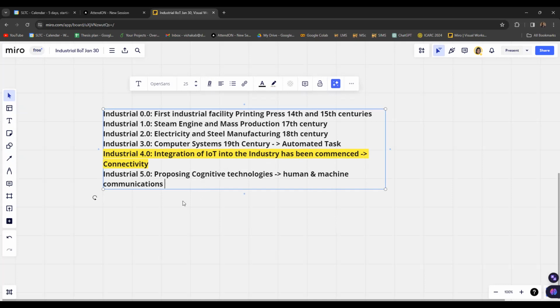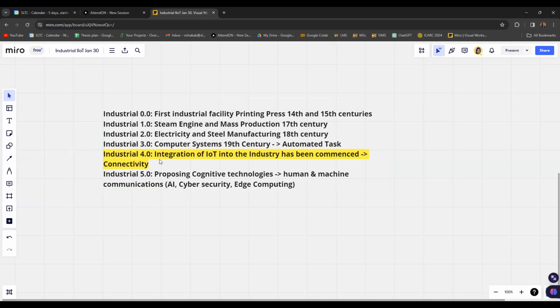For this we can use different technologies such as AI, cybersecurity, and so on. Cyber physical systems, all these technologies can be used. The trending technologies can be used for this task.